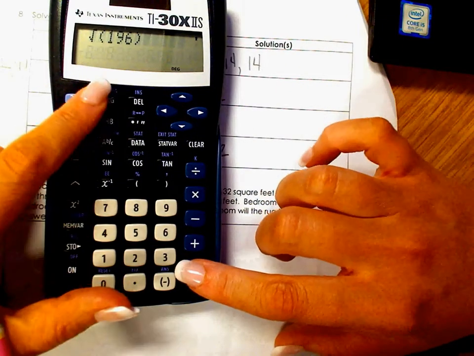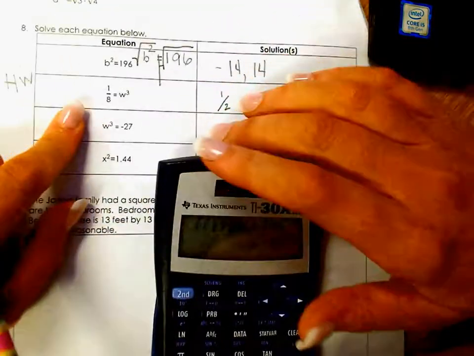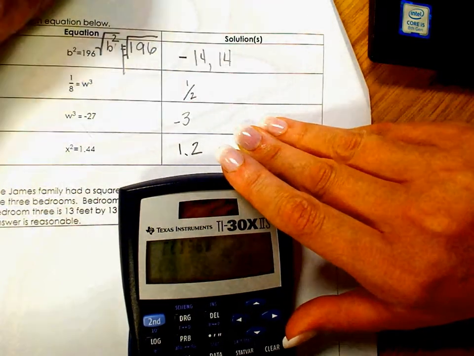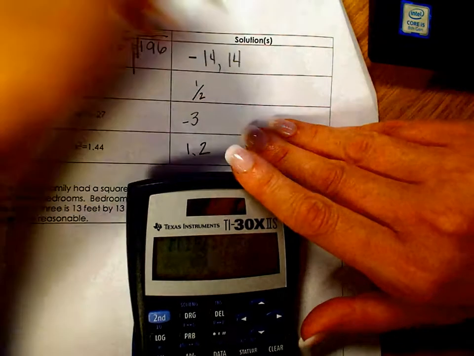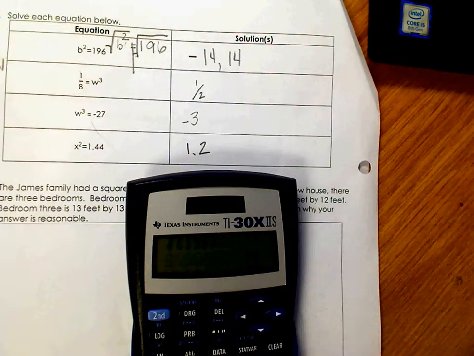So the square root of 196, just like that, is 14. Okay, so it's 14, but remember it's also negative 14, because negative 14 squared is 196, and positive 14 squared is also 196. So there will be 2 answers when you do square roots.